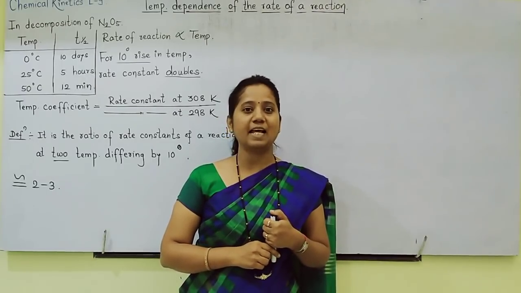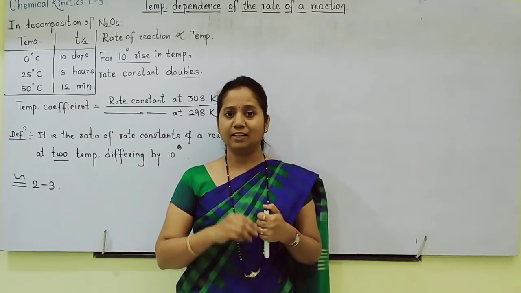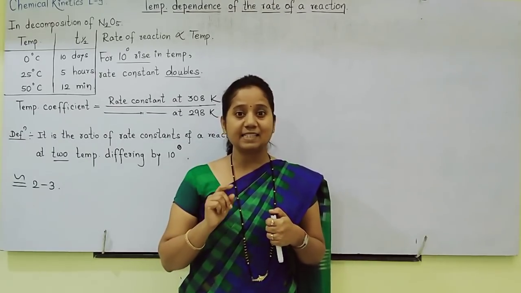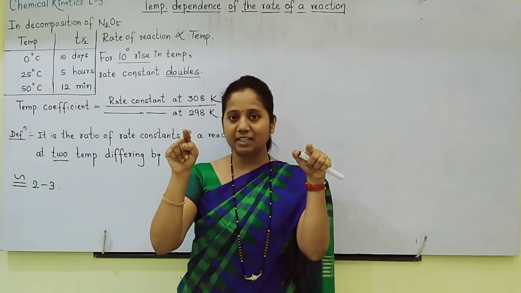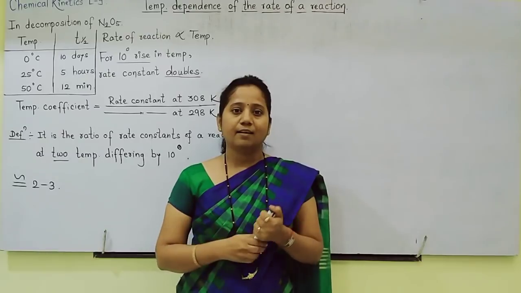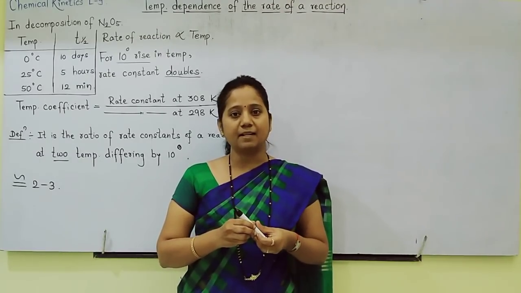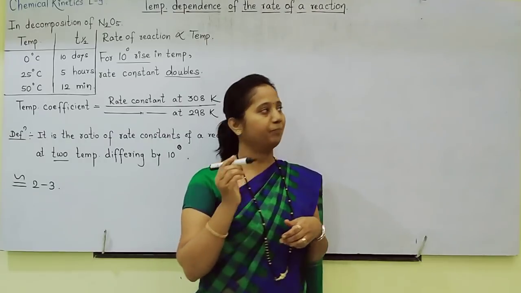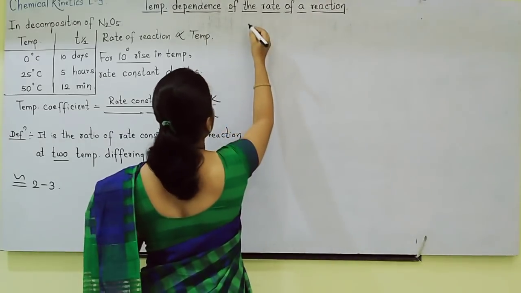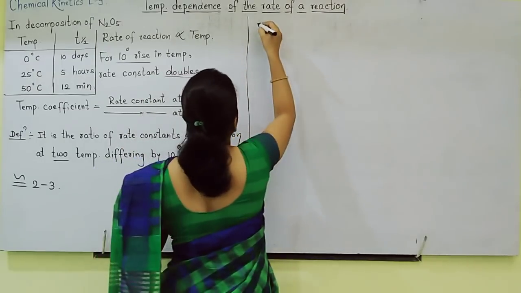That equation is called the Arrhenius equation. A repeatedly asked question: what is the Arrhenius equation? You should remember the equation, and the various symbols in that equation, those parameters you have to mention. So let us move towards what is the Arrhenius equation.